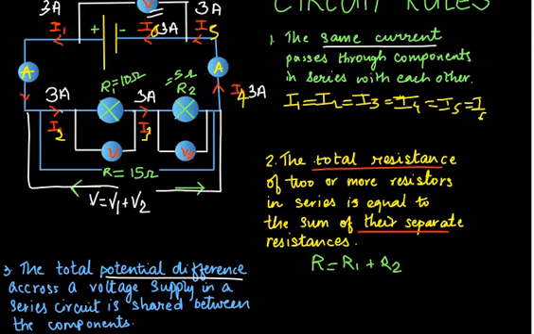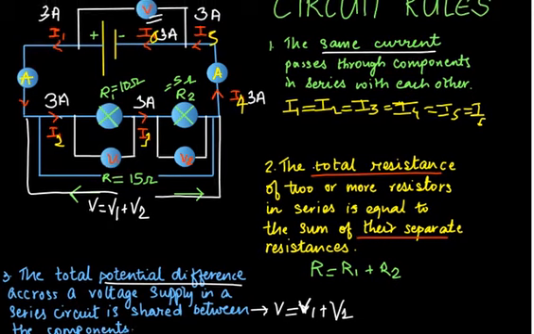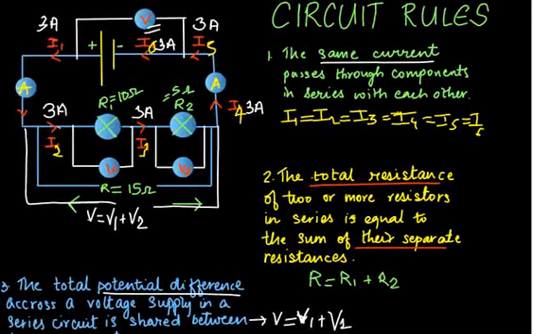And for the potential difference, it would have been the total EMF of the cell, which can be written as V. So V equals V1 plus V2. So these are the three circuit rules for a series circuit: the rule for current, the rule for resistance, and the rule for potential difference.